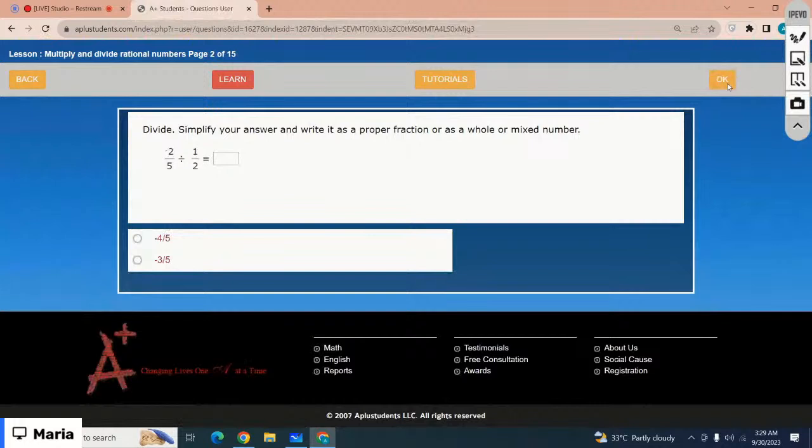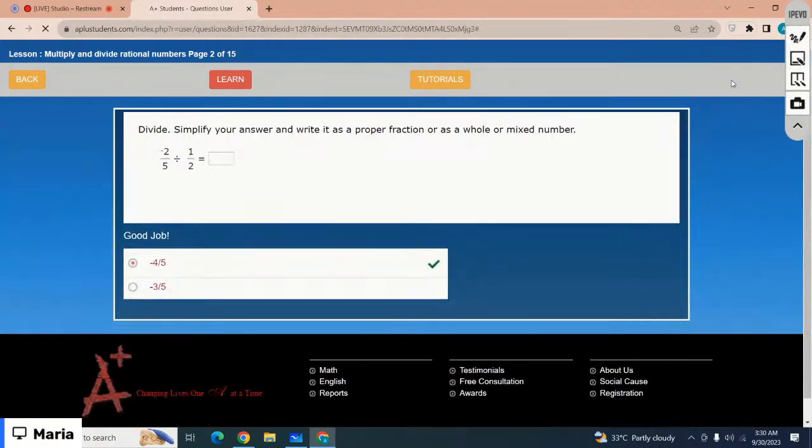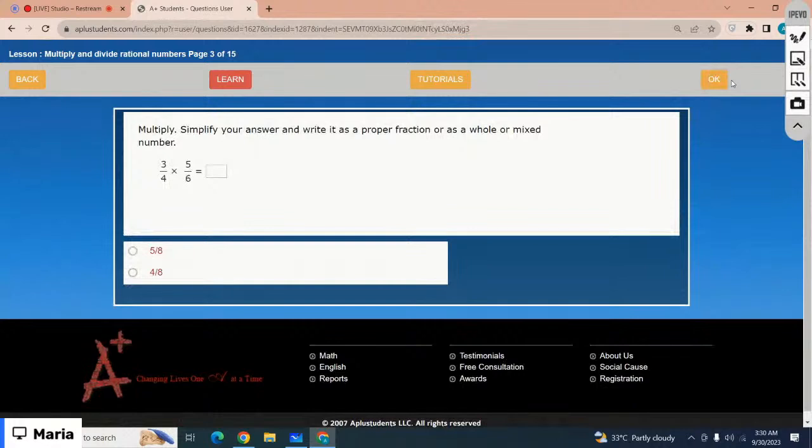Okay, divide negative 2 by 5 divided by 1 over 2. So which is the correct option? That would be negative 4 over 5, right? The correct option is negative 4 over 5. Okay, multiply 3 by 4 times 5 by 6.